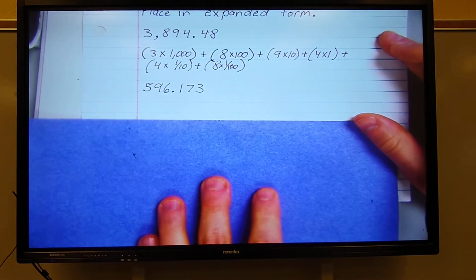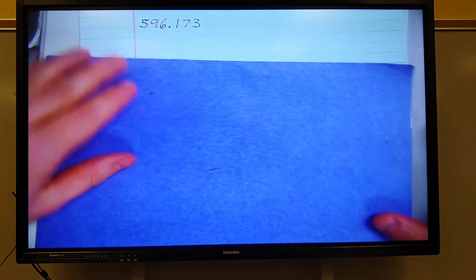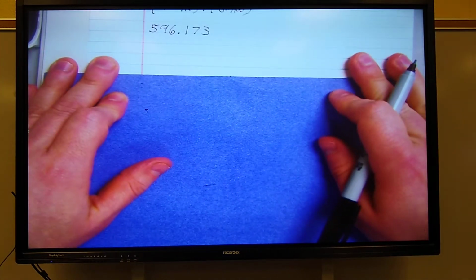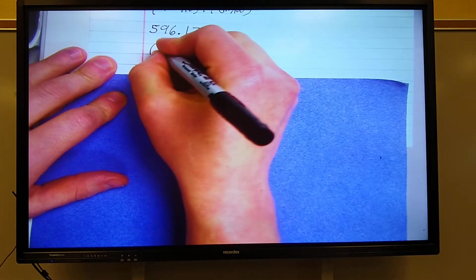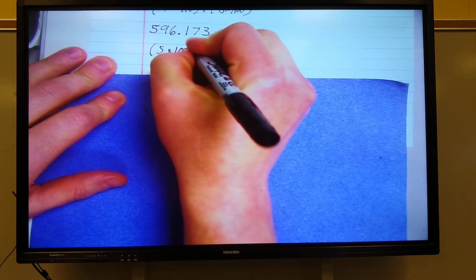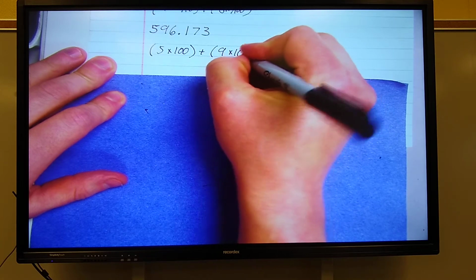The next one. Place this number in expanded form. Pause the video. All right, let's see how bad you did. The 5 is in the hundreds place, so 5 times 100. The 9 is in the tens place, so 9 times 10.